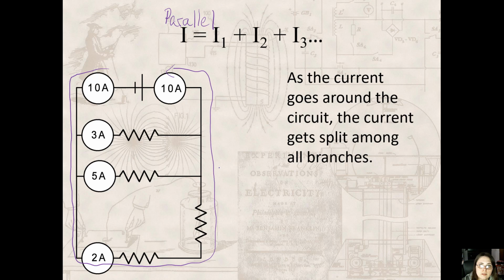This would be I, and that's equal to the current here, I1 plus I2 plus I3. So it would all come back around over here, and it would be the same current as it comes back together. So that's what the total current is equal to.